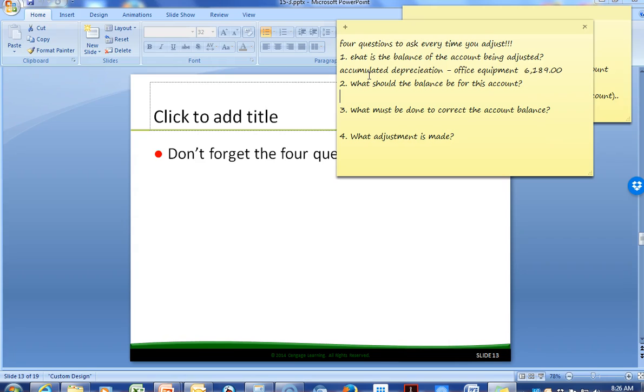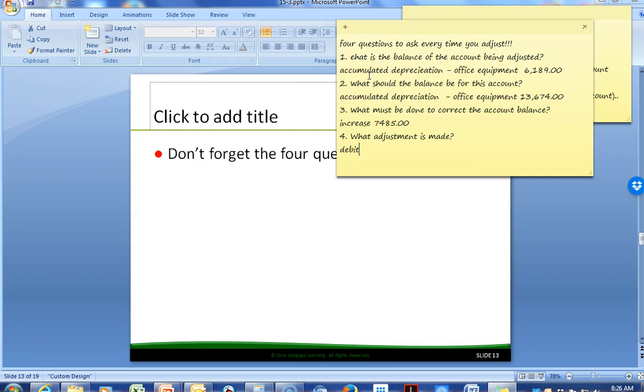And then what should the balance be for this account? Accumulated depreciation, office equipment should be $13,674. That's where we did that addition. So we need to increase by $7,485.